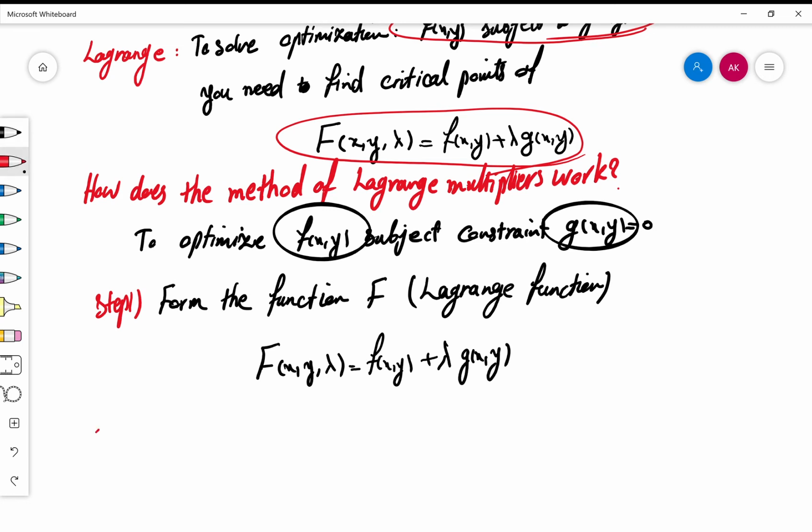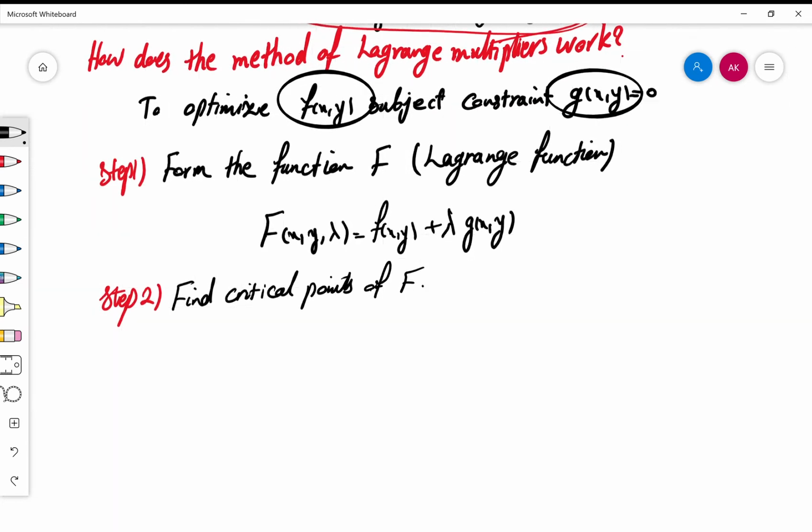Step 2: find the critical points of this function. In other words, find the first partial derivatives. This has three variables, so you find the derivatives with respect to x, y, and lambda, and set them equal to 0.